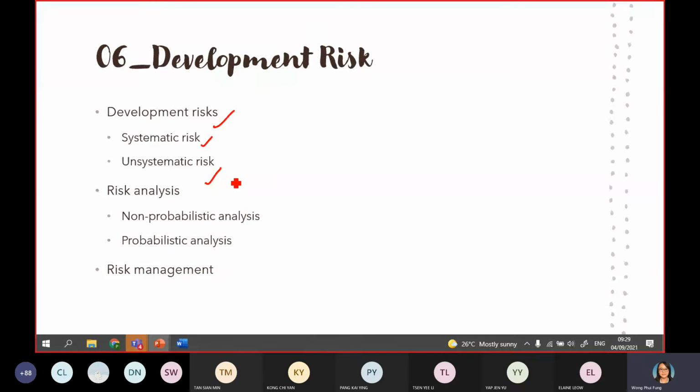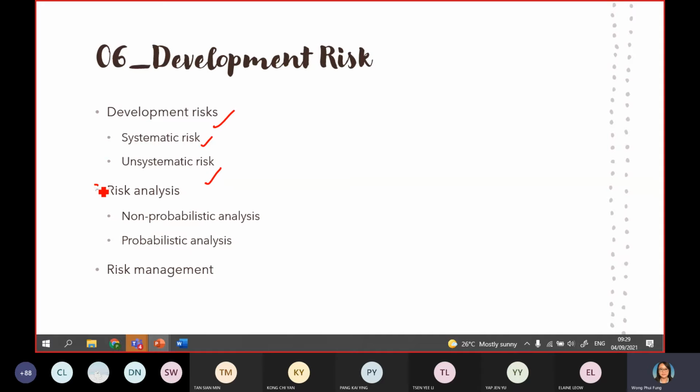It's not all property. But systematic risk is like, let's say, if the government changes the policy, changes the tax, or changes in terms of political, social, or economic context, then it will affect all types of property. But unsystematic risk is limited to your own project only.